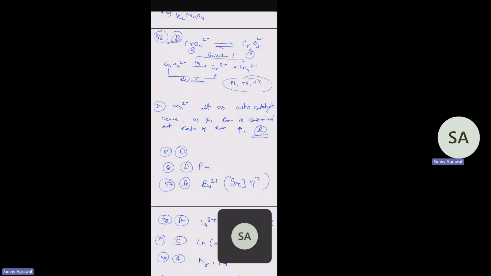In acidic medium, Cr2O7 2 minus will be formed, whereas in basic medium, CrO4 2 minus will be formed.